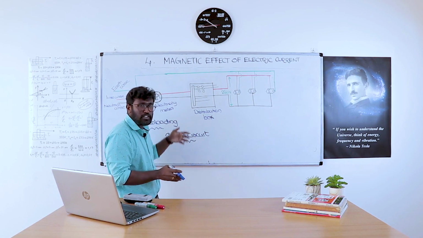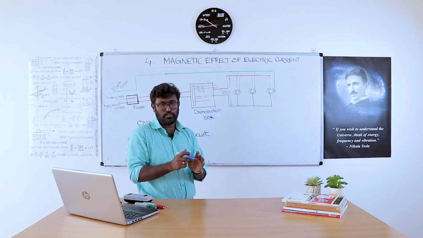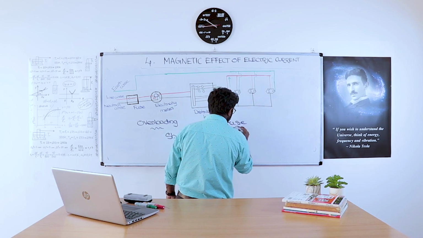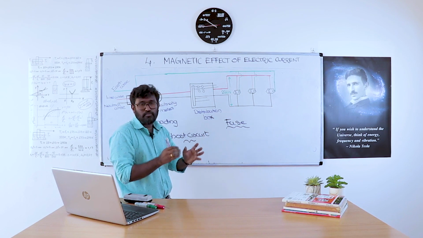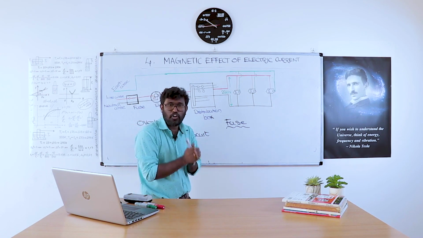So to protect against all these, we have to fix a fuse in the circuit. What is the use of fuse? The fuse wire in the fuse has a low melting point.